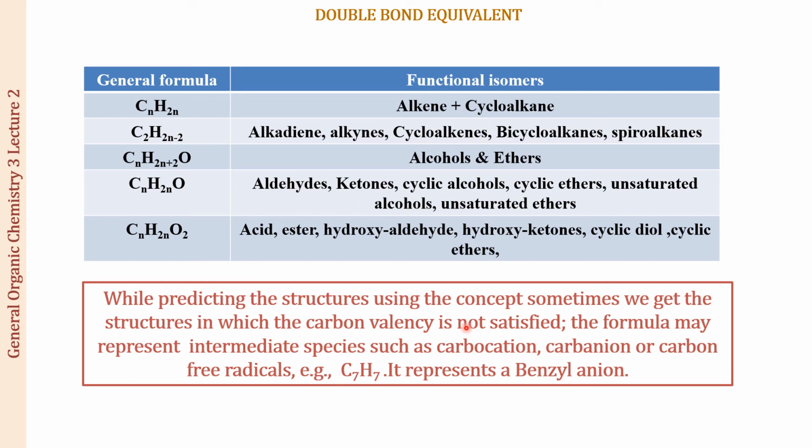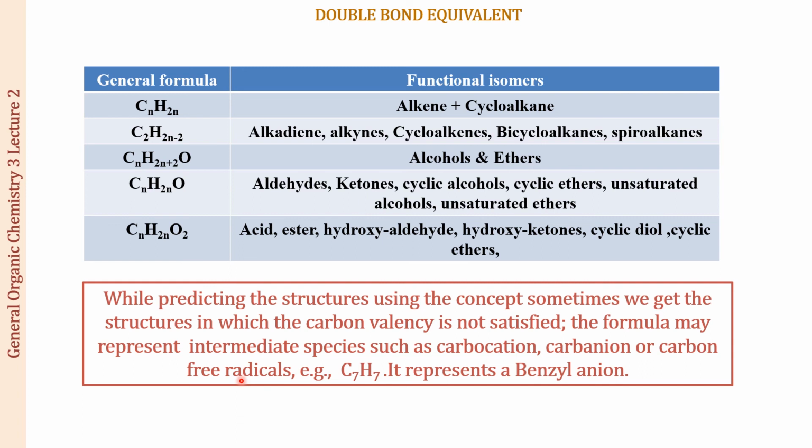This generally represents an intermediate species that you will be studying when we start the discussion on the reagents and mechanisms for the various organic reactions. So you will be seeing certain structures like carbocation, carbanion, or carbon free radicals. Here the carbon valency is not satisfied, so the DBE is going to be fractional.